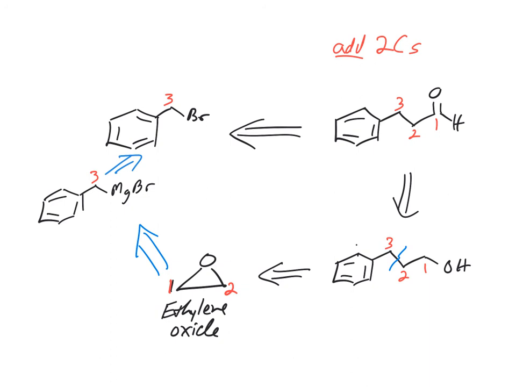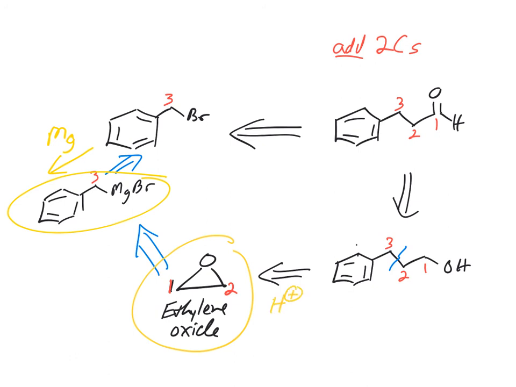Now moving forward, how do we do this? The forward reagent here would be just magnesium. That makes our Grignard. We'd have the Grignard and the ethylene oxide react. We'd also have a step where we add H+, so this is step 1, and this would need to be step 2 to protonate the alcohol.